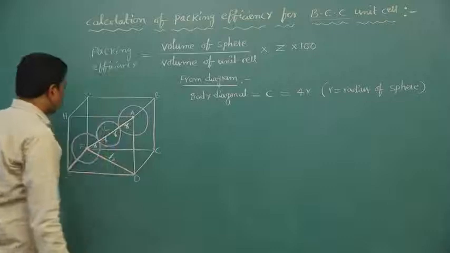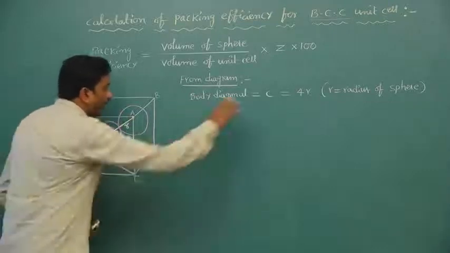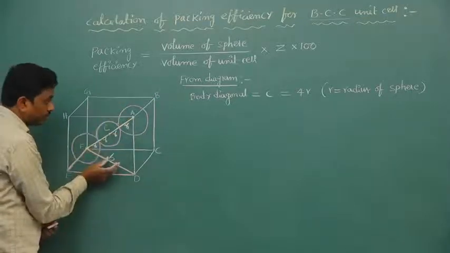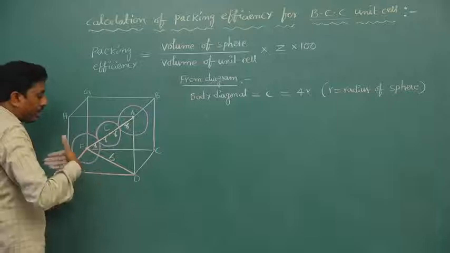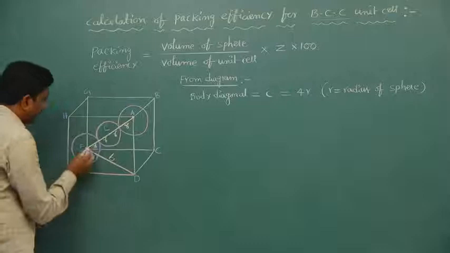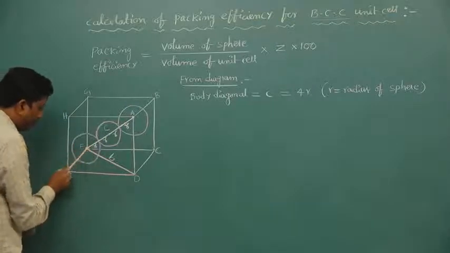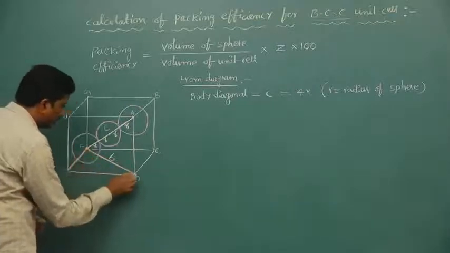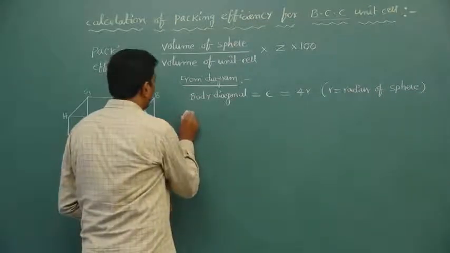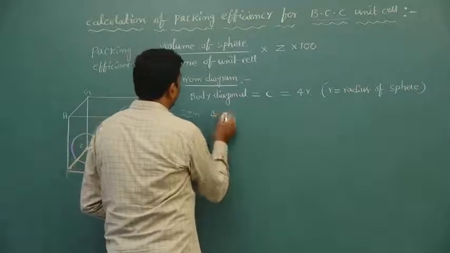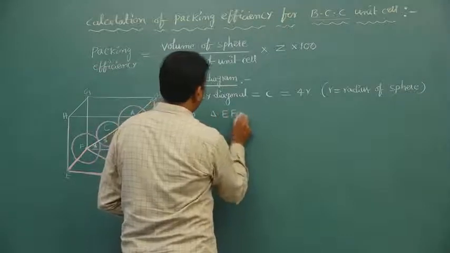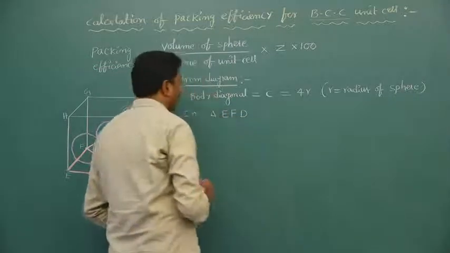Now see, we need to identify the value of C in terms of A. For that we need to find B first. We already did the B calculation in the previous FCC calculation. For that I am considering triangle EFD. Triangle EFD is a right angle triangle.